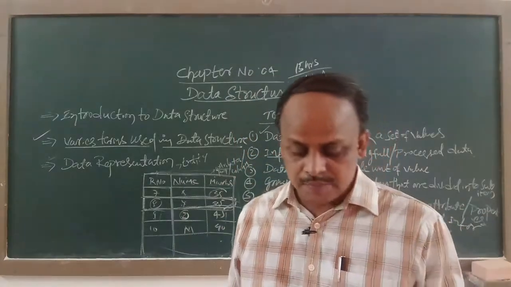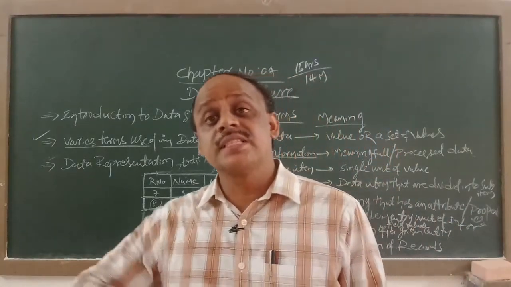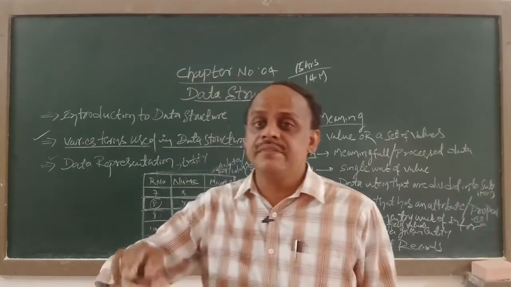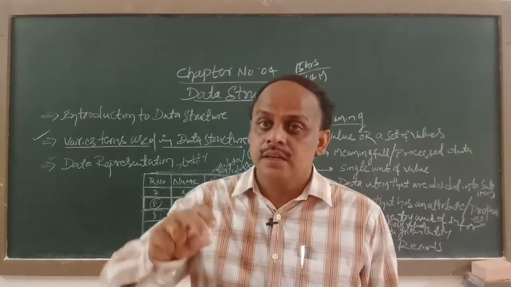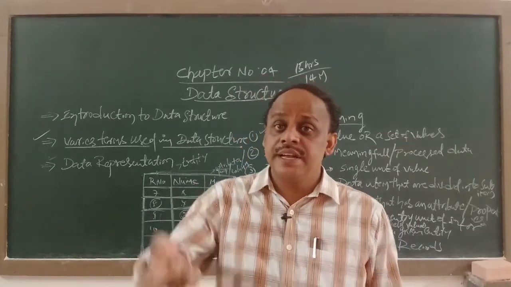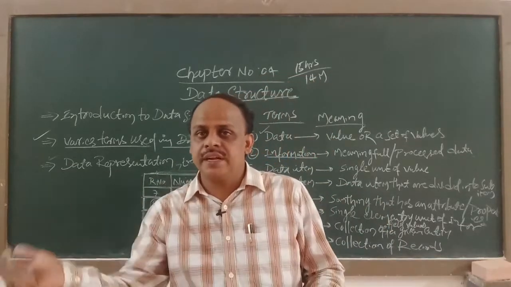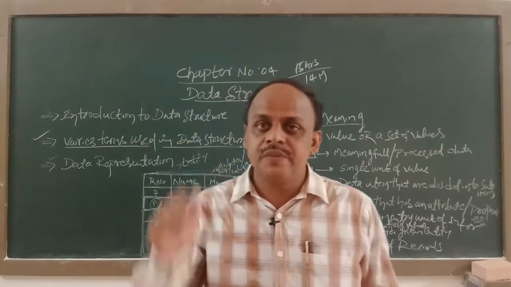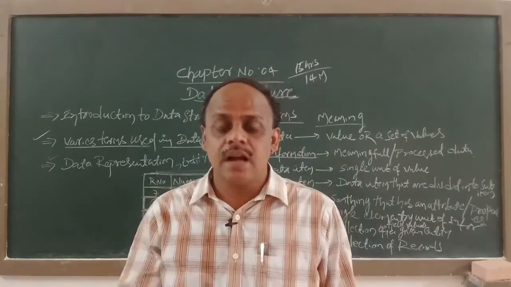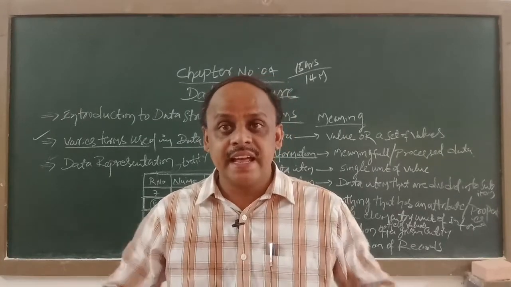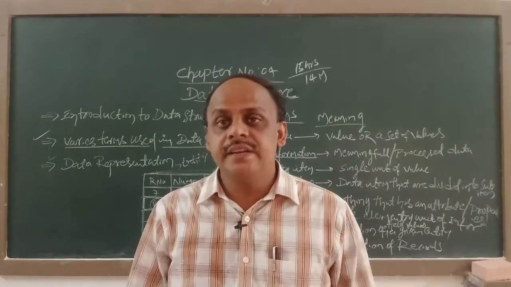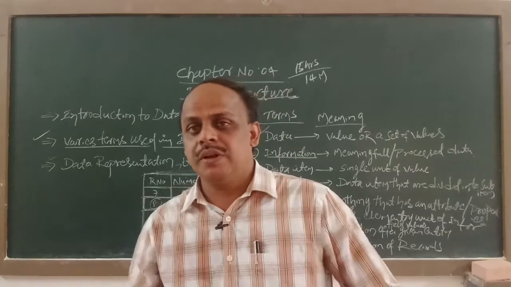Data may be of the same type or different type. There are 2 types of data. Same type of data is called homogeneous data. Suppose data is of different types, one int value, one float value, one char value.